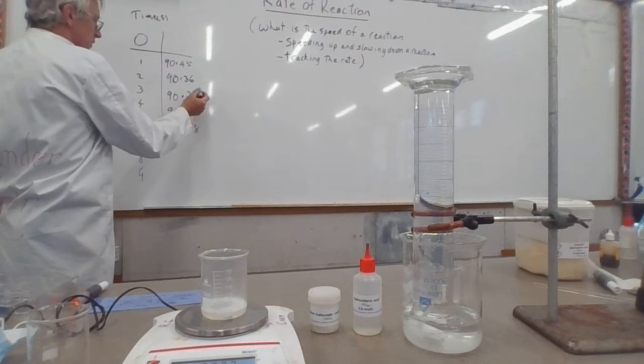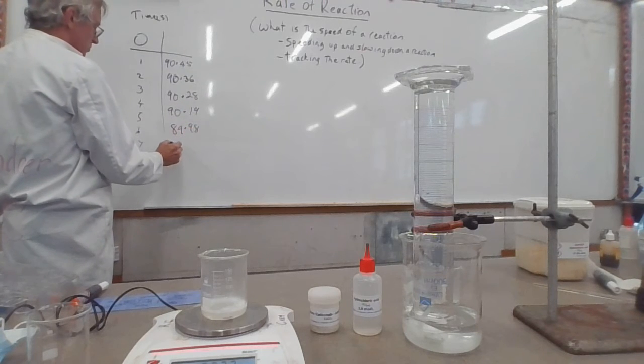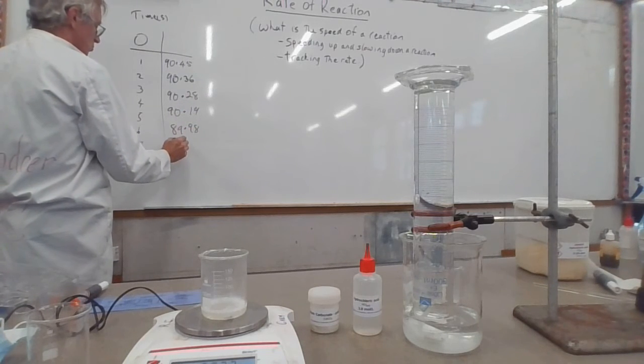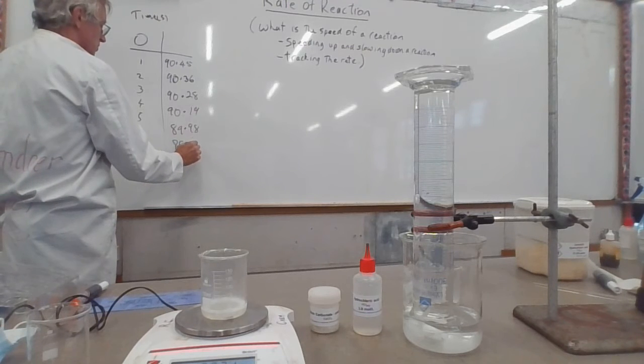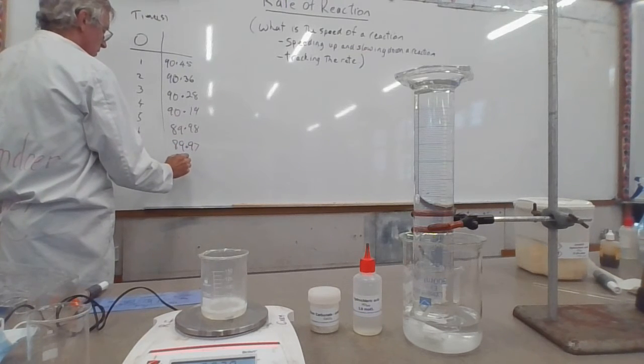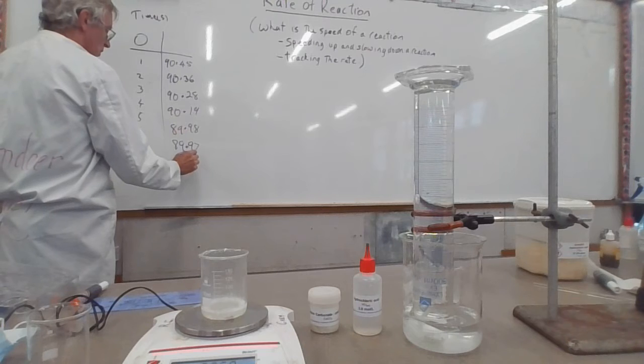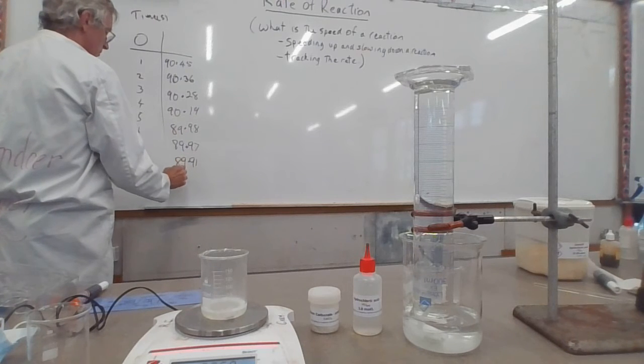Eventually you'll find that the amount that the mass goes down by starts to get smaller as the reaction slows up. The reaction eventually is going to stop, so in between times it's actually going to start slowing down.